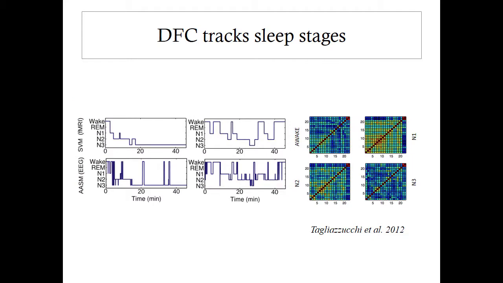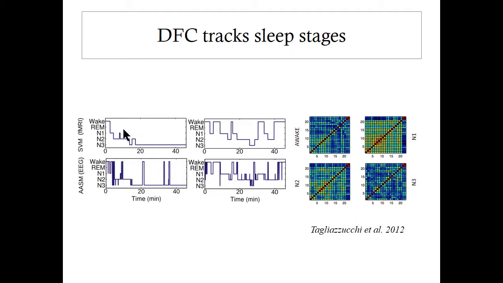Dynamic correlations have also been found to track sleep stages, and so here what they did was use a support vector machine classifier to map fMRI correlation patterns and different types of EEG-defined sleep stages. And so then if you've trained this classifier, then you can take some data set and look at sliding window correlations as time goes on and try to use the classification to determine which sleep state the subject was likely in.